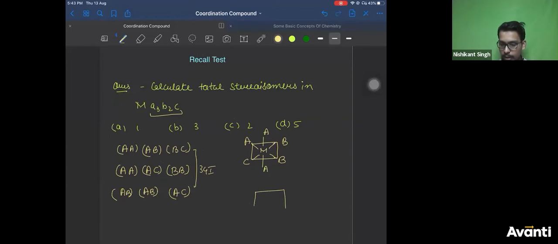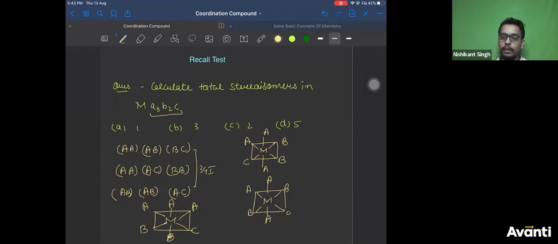Then the second isomer is AA trans, AC trans, BB trans. Third one is AB trans, AB trans, and AC trans. Correct? These are the 3 GIs.